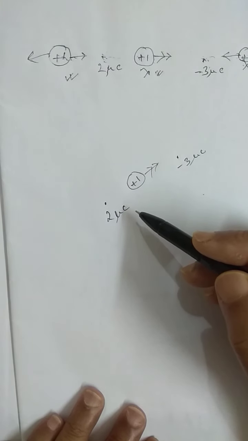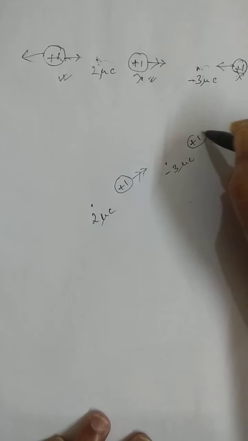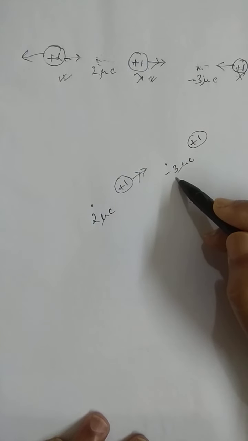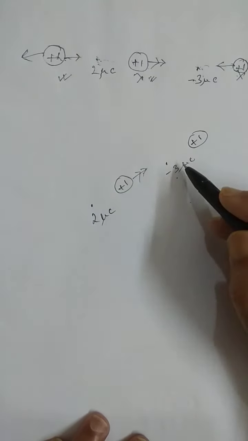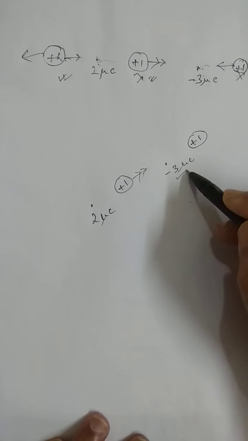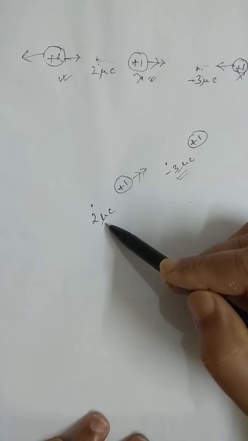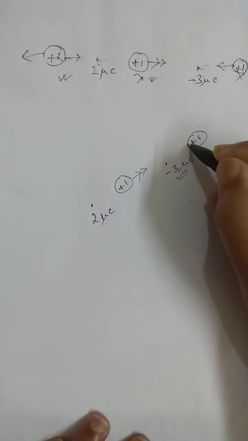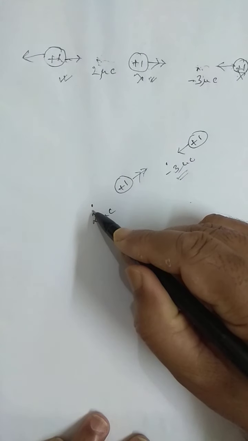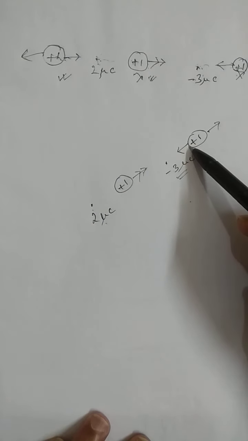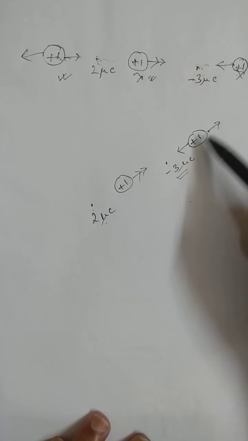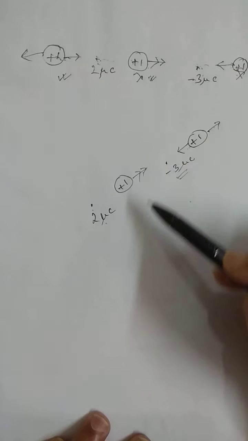Now suppose the point is closer to the minus 3 microcoulomb, the larger magnitude charge. The minus 3 microcoulomb attracts and the plus 2 microcoulomb repels, so the directions of the electric field intensities are opposite to each other but their magnitudes are not the same.